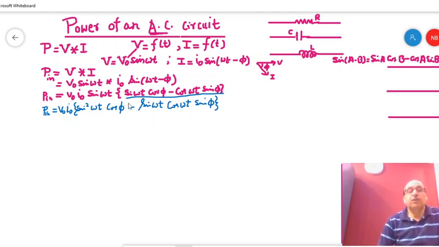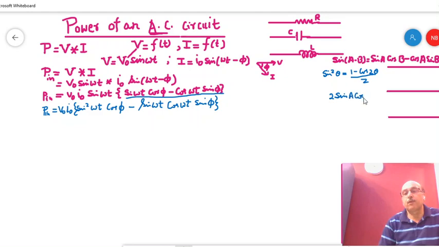Now we will use another trigonometrical equation. Sine square theta is equal to 1 minus cos 2 theta by 2, and 2 sin A cos A is equal to sin 2A.